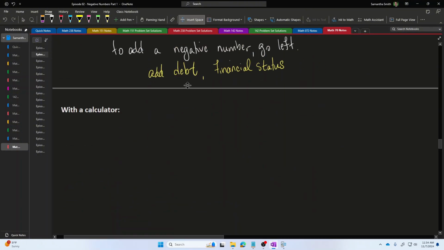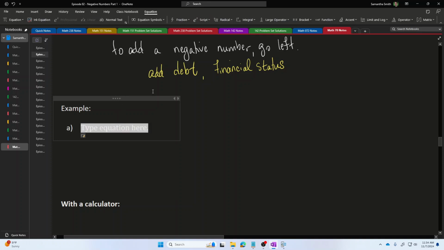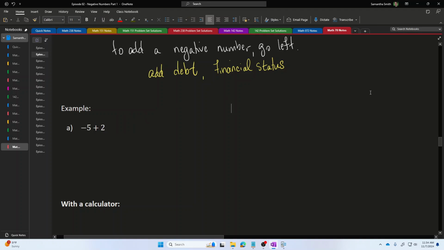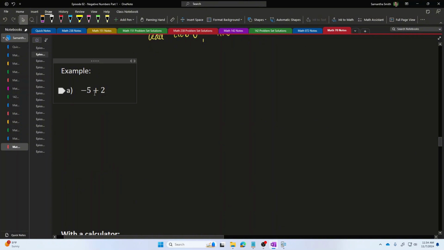So for a couple more examples of calculating addition with negative numbers, suppose that I said, what is negative 5 plus 2? So here I'm starting out financially in debt with a financial status represented by -5.